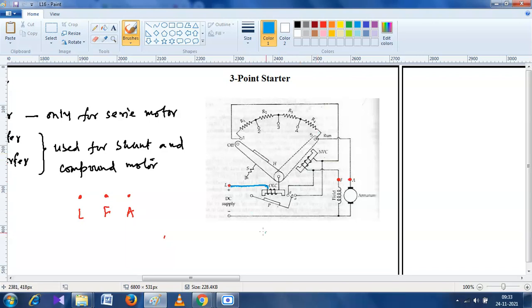So we are moving forward. This coil actually activates, or say the function of that coil happens, when the motor is overloaded.